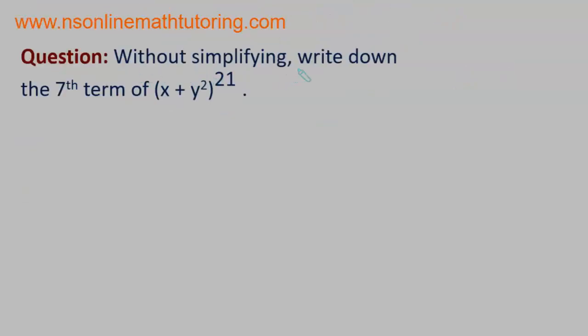Without simplifying, write down the 7th term of (x plus y square) whole raised to the power of 21. Now this is exactly similar to the previous question. Then why did I take up this question? Because of this y square. Because I am assuming that you are new to this chapter and there may be students who may get confused by just seeing that there are two variables present in this expansion.